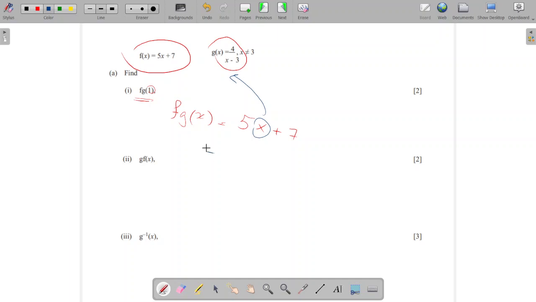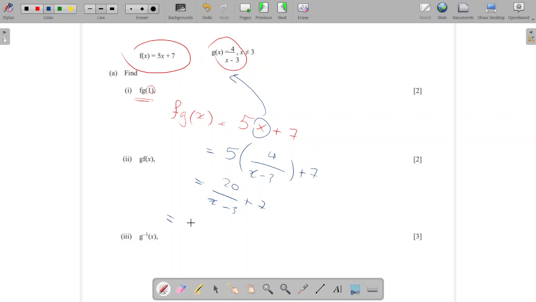So it's going to be equal to what? It's going to be equal to 5, open bracket, 4 divided by x minus 3, close bracket, plus 7. Now this is going to be equal to 20 over x minus 3 plus 7, and we're going to unify the denominators.